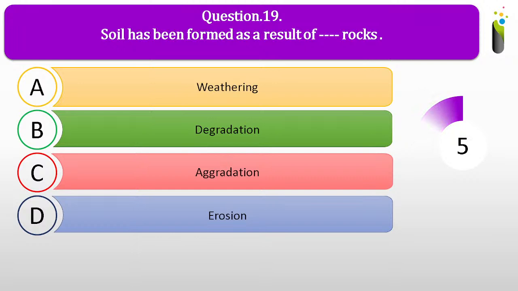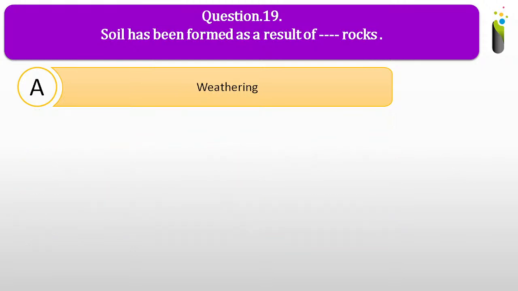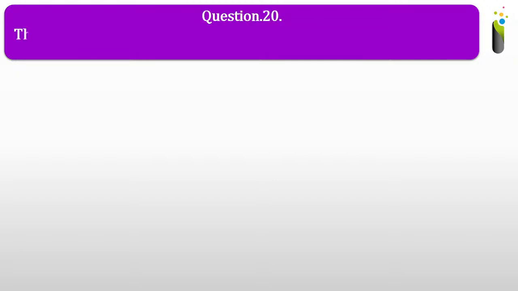And the correct answer, soil has been formed as a result of weathering of rocks. Very, very easy question. Very good Kavya, Kanak and Arushi. Going ahead with question number 20.